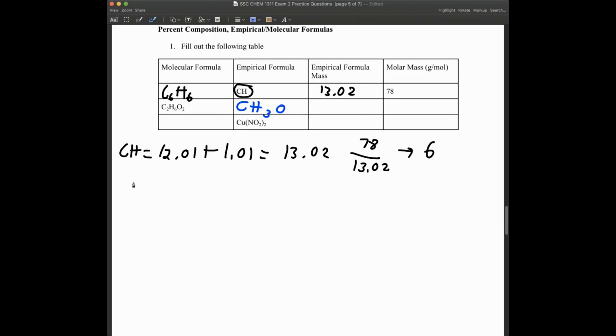Oh yeah, I think someone's writing in the chat too. Awesome. That's 12.01, right? The empirical formula, right? Plus 3 times 1.01, and then plus let's call it just 16 for oxygen. So I want you all to try this yourselves and let me know what number you get.